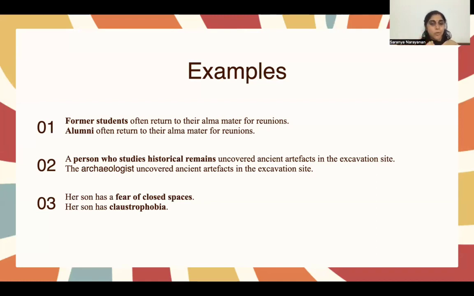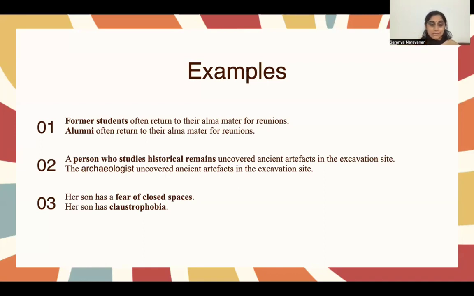It makes the idea more concise. So we can replace that group of words using the word archaeologist. So the archaeologist uncovered ancient artifacts in the excavation site. The meaning is clear. There is no change in the meaning, but we have made the sentence shorter.